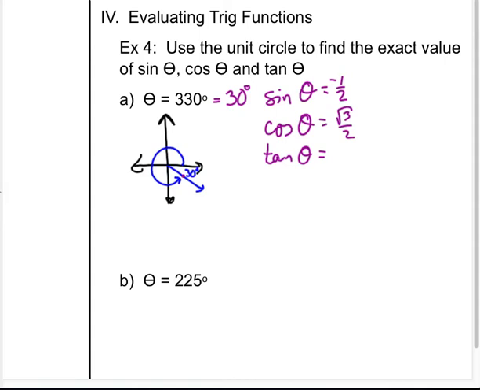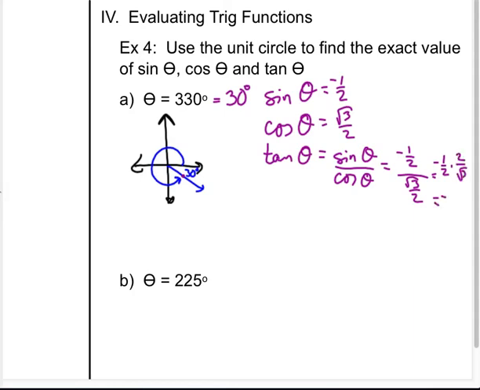And then tangent, I'm not sure if you have seen this relationship before, but tangent is sine over cosine. So we can generate tangent by doing negative 1/2 divided by square root of 3/2. And remember, when we divide fractions, we multiply by the reciprocal.